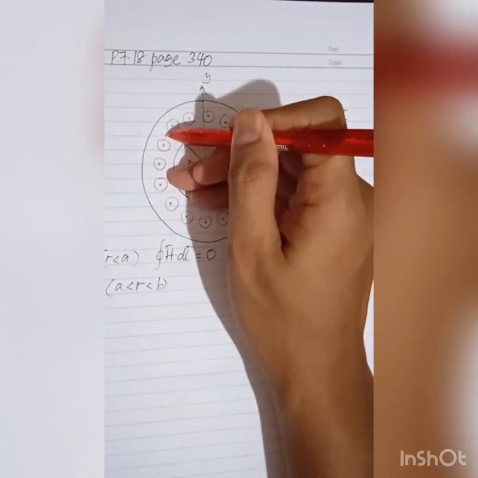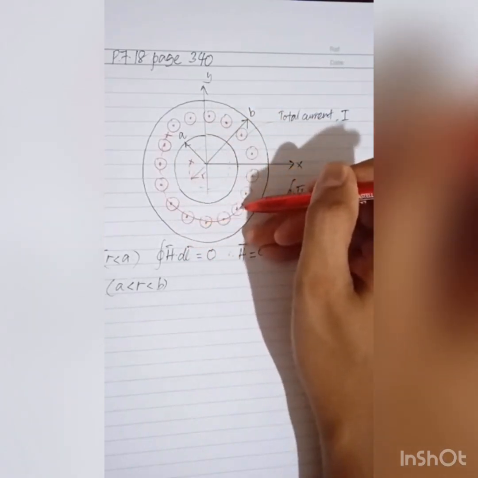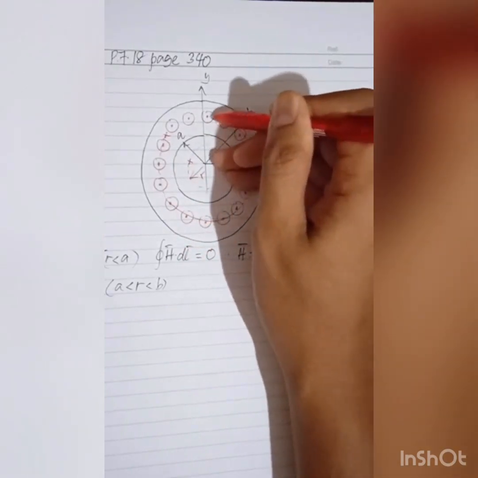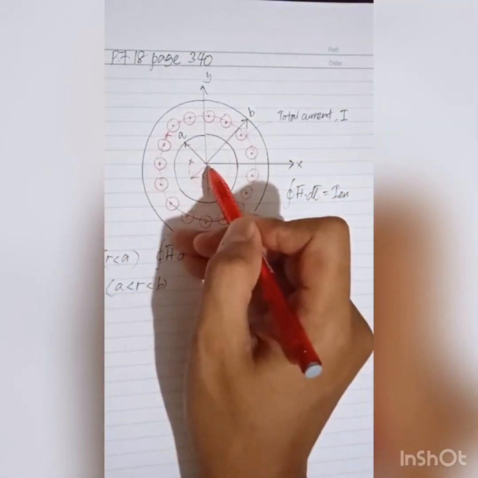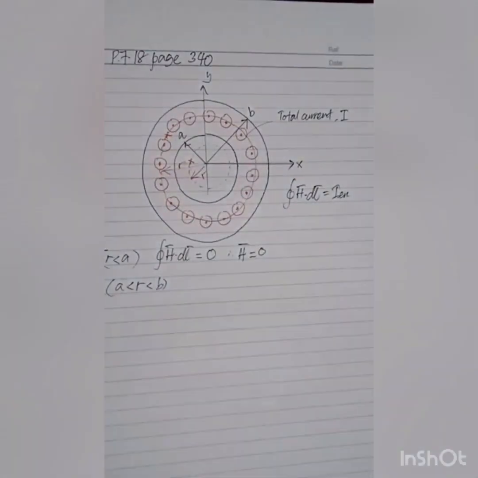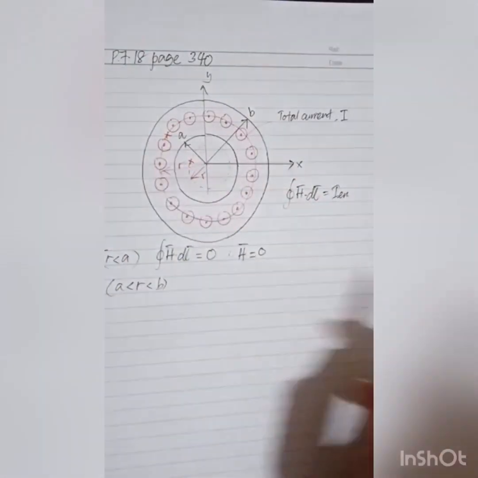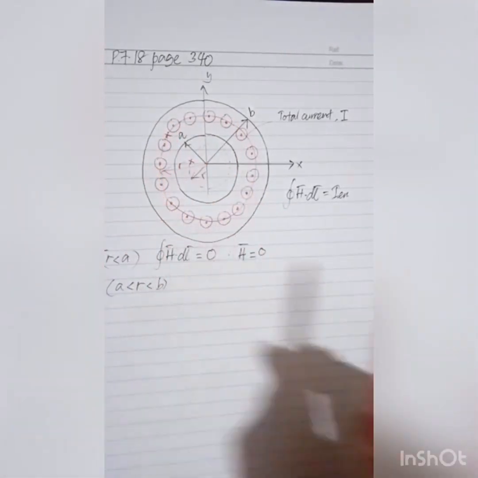Let's say this is my Amperian loop, and this point has distance R from the origin. That's our point of interest, and this is our Amperian loop for the second region.